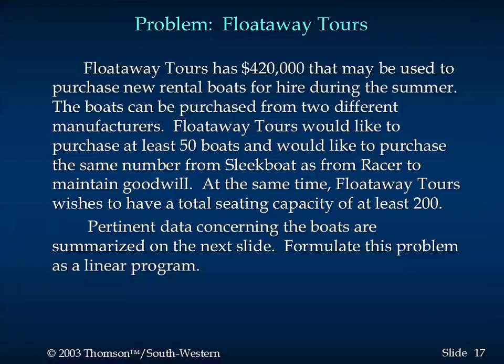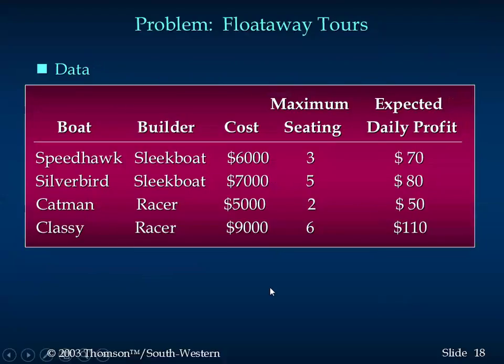Floataway Tours would like to purchase at least 50 boats in total and would like to purchase the same number from the 2 different manufacturers, Sleek Boat and Racer, to maintain goodwill. They may be unhappy if you buy more from the other. At the same time, Floataway Tours wishes to have a total seating capacity of at least 200, and pertinent data is in the given slide. Formulate as a linear program.